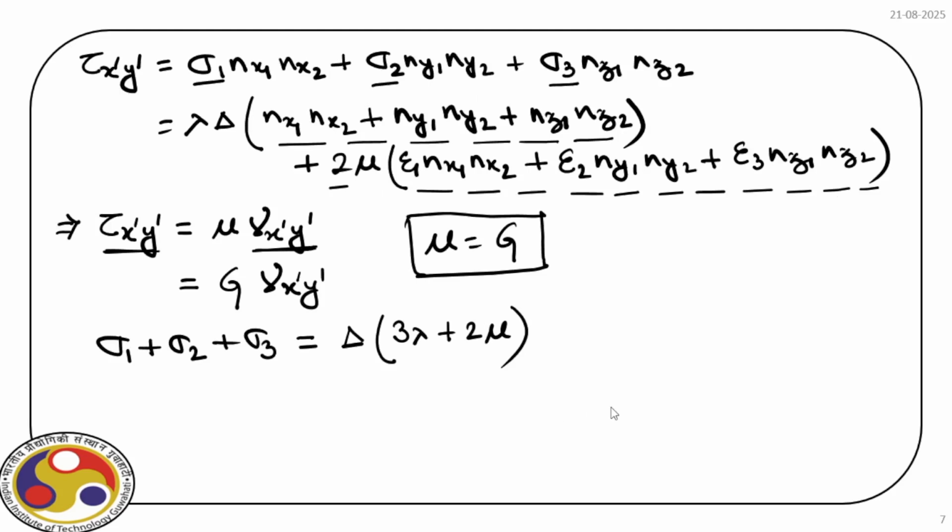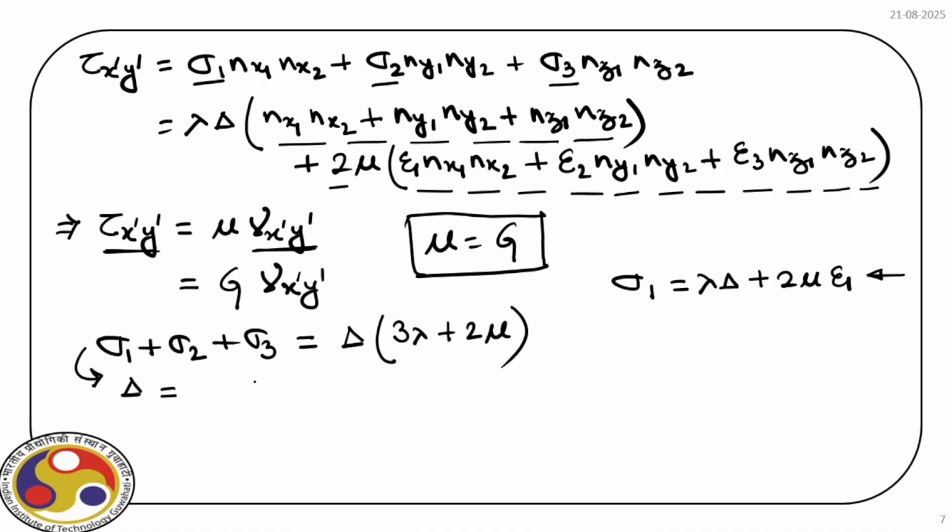Now, again recall, sigma 1 is equal to lambda times delta plus 2 mu epsilon 1. This we have already derived in the previous slides. Now, from this expression, we can find out what delta is.